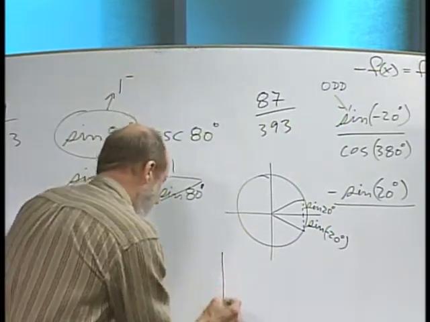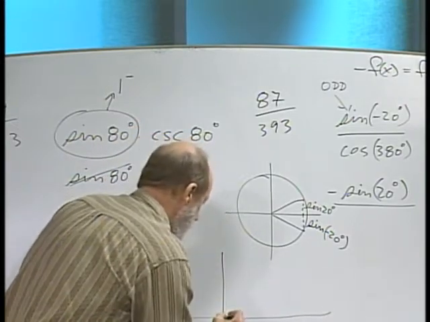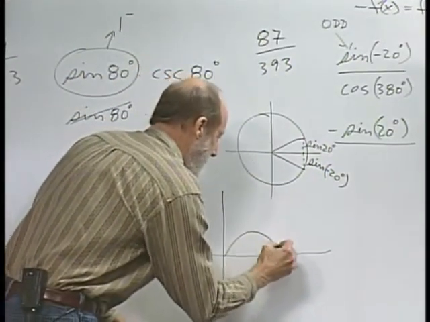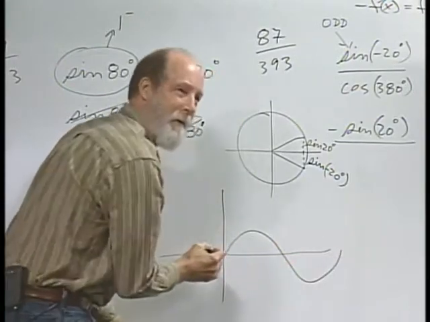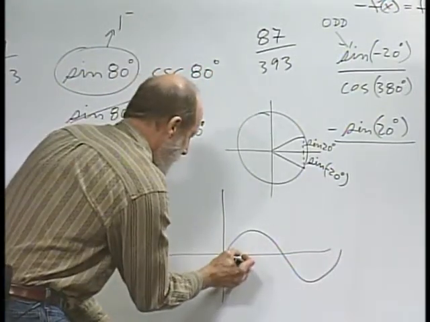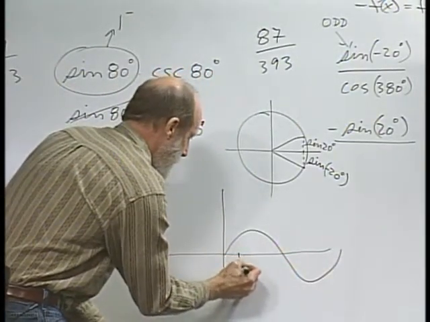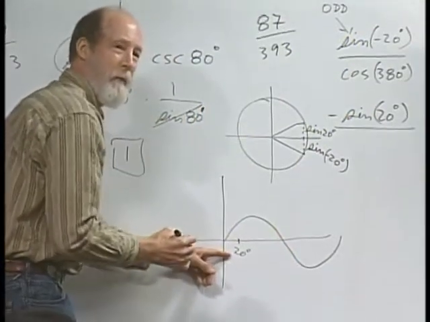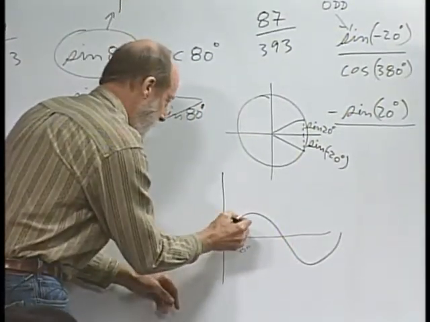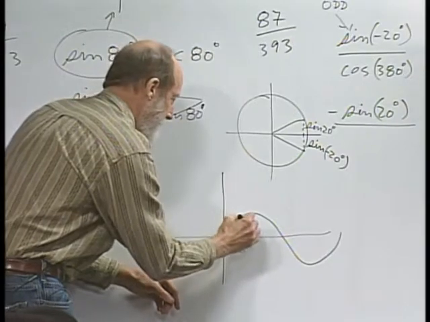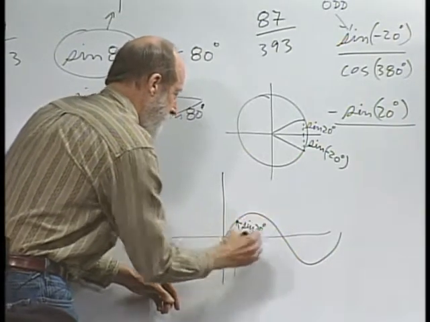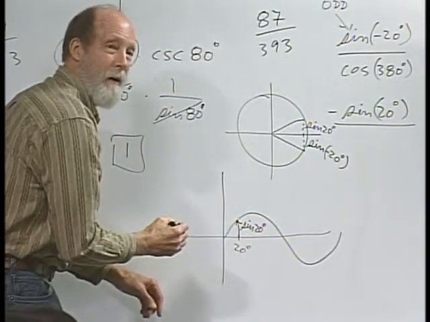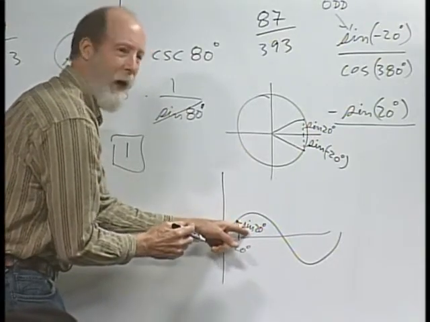So another way of thinking of this is draw a sketch of your sine function, right? And 20 degrees is right about here, isn't it? And so here's the sine of 20 degrees, right there, that height. But that's not actually the angle we had, is it?